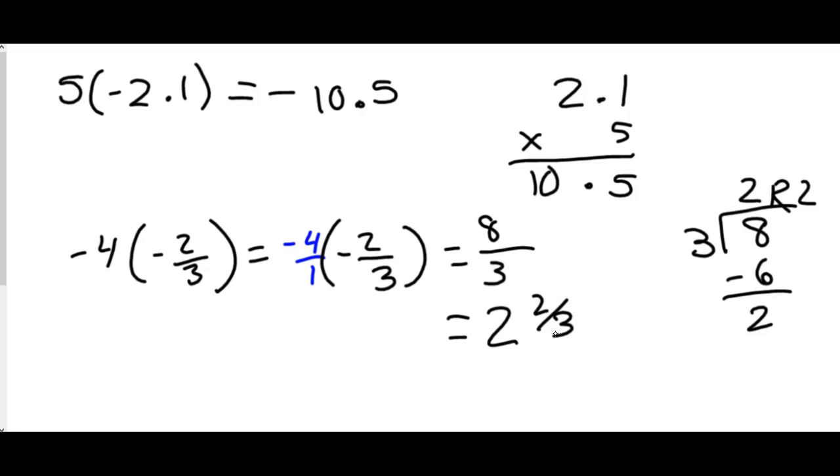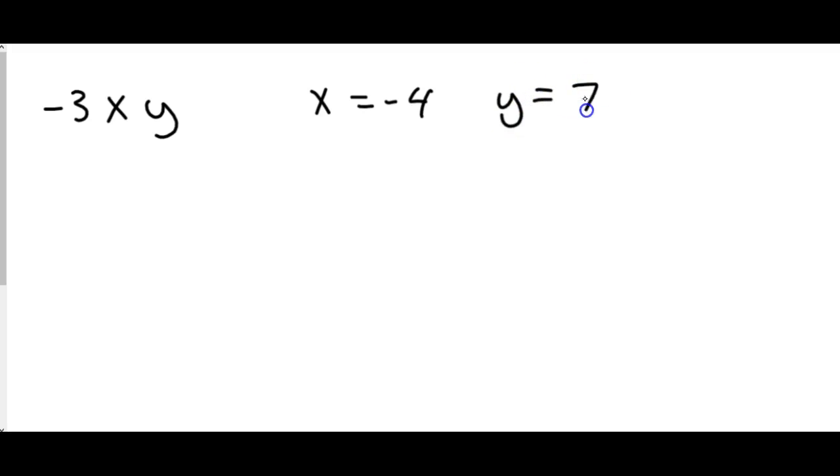As with our addition and subtraction sections, they also want you to work with expressions. Expressions have numbers and letters. But they're going to tell you what numbers the letters represent. So we're going to say x is -4 and y is 7.